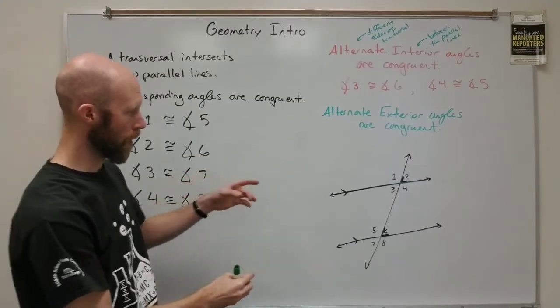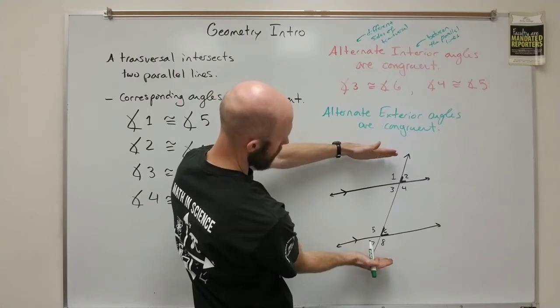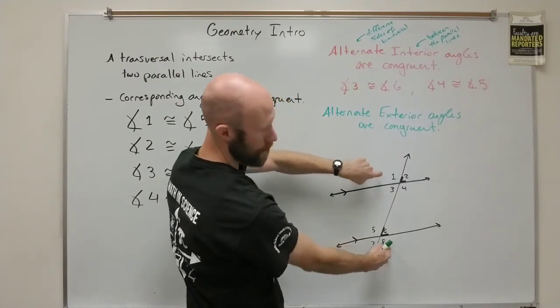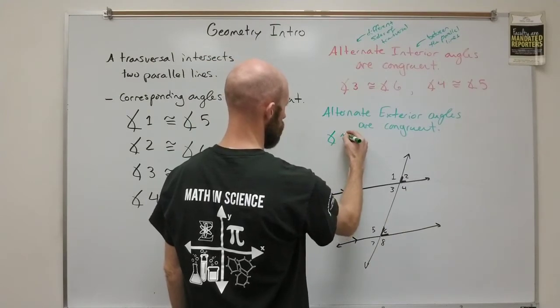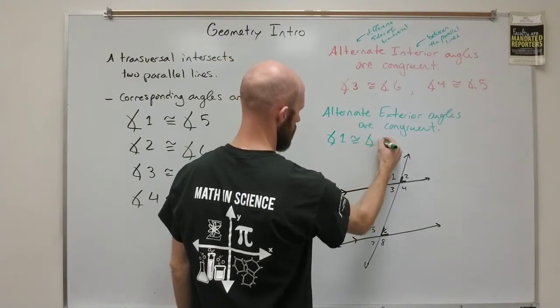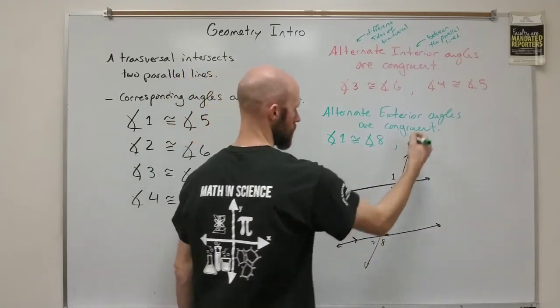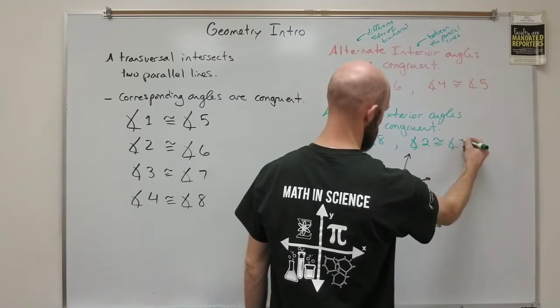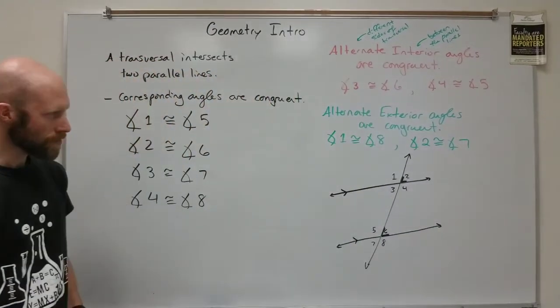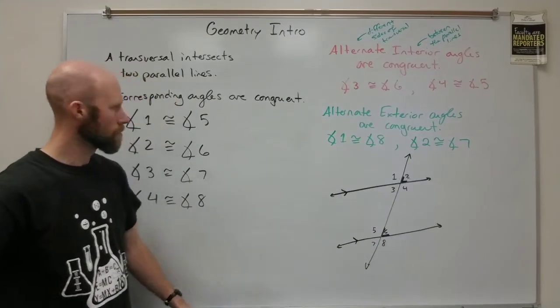And those pairs are going to be 1 and 8 because they're on the outside and they're on opposite sides of the transversal. So angle 1 congruent with angle 8, and 2 and 7. So angle 2 is congruent to angle 7. Right? So those combinations are also true.